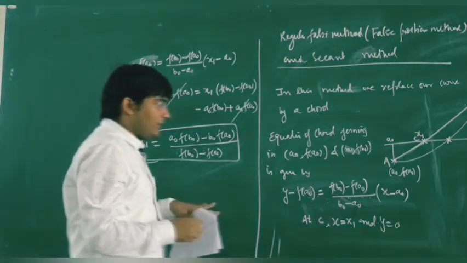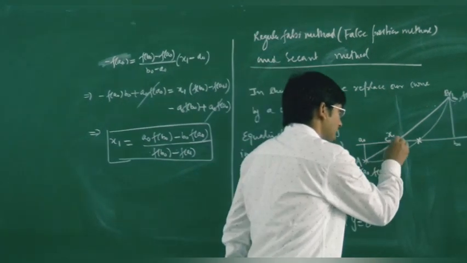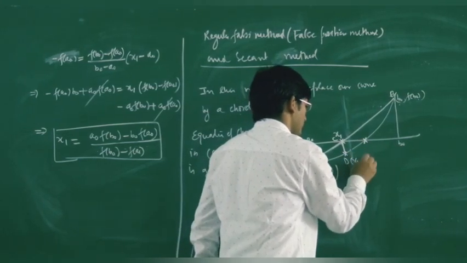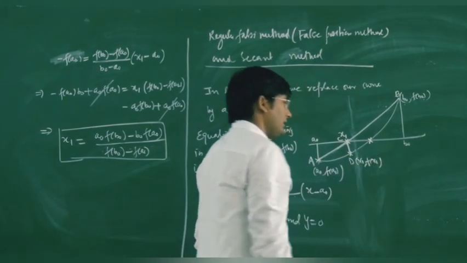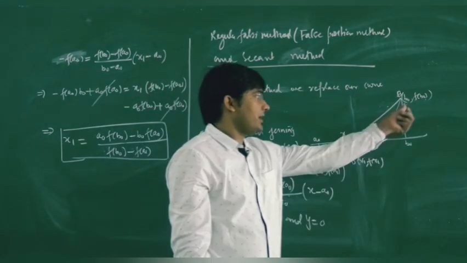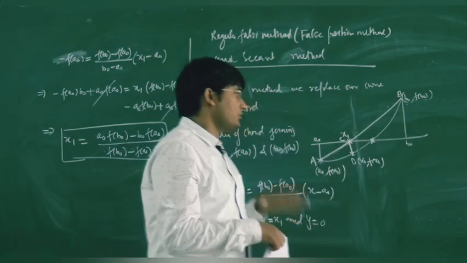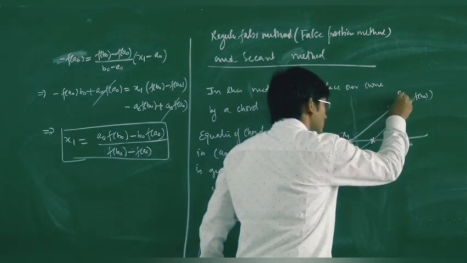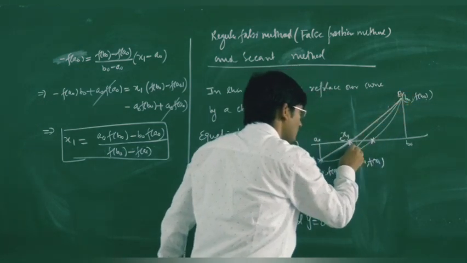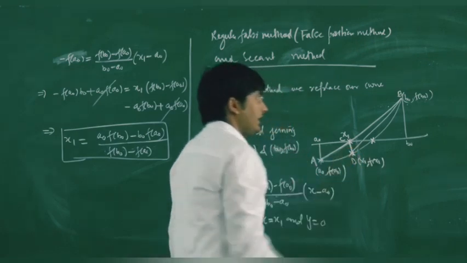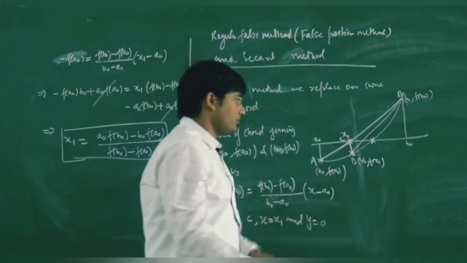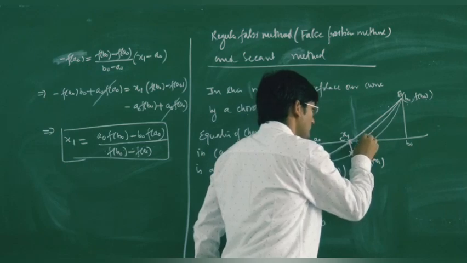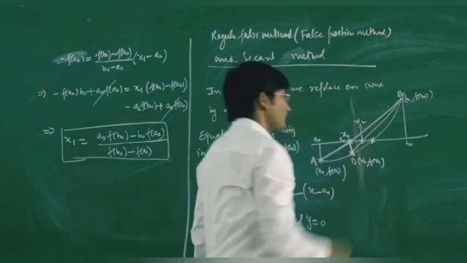Now if the value of the function at x1 is negative, say this point, say this is your D, then at b0 we have the value of the function as positive, so our root will lie between this D and B. So again draw a chord. We have this chord, and in the next step our root will be this point, say x2.